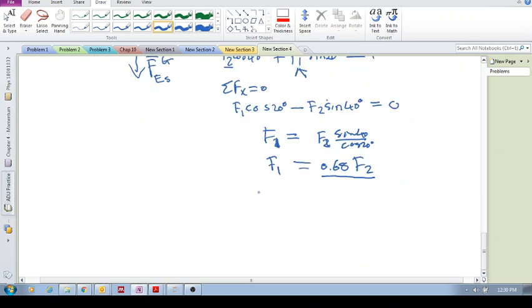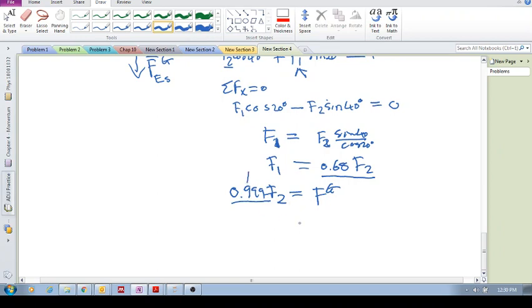And we are going to basically have 0.999 F2 is the gravitational force, right? The reason why I've got this is because I used the calculator and not the trigonometric ratios. So this actually should be 1.